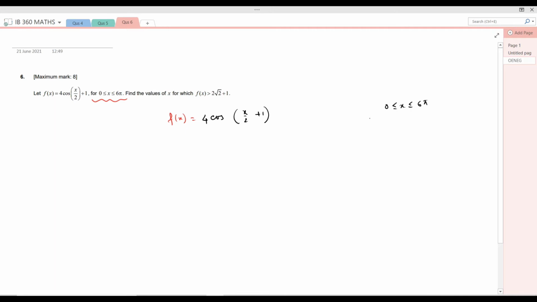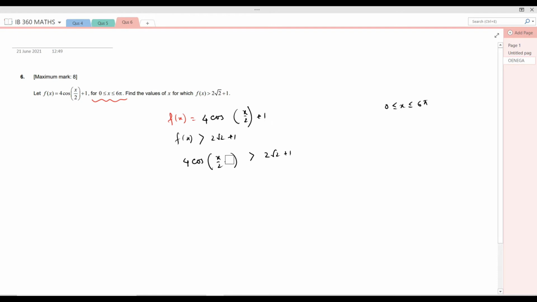Now f of x is greater than 2 root 2 plus 1. So from here we are getting 4 cos of x by 2 plus 1 is greater than 2 root 2 plus 1. Sorry, one thing, that is x by 2 is in the bracket and plus 1 is outside.